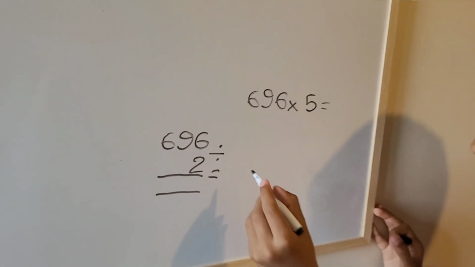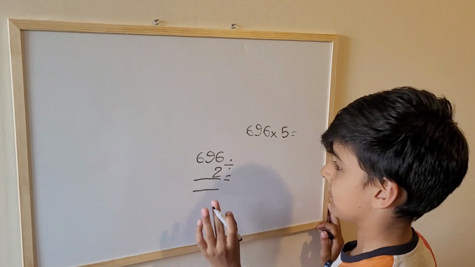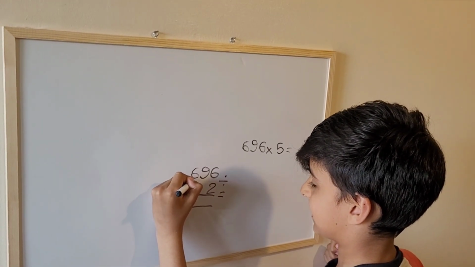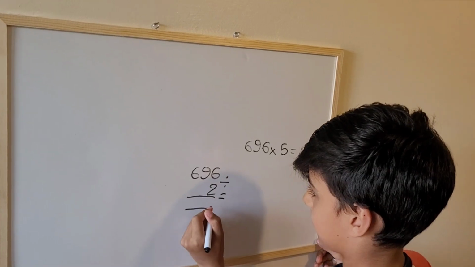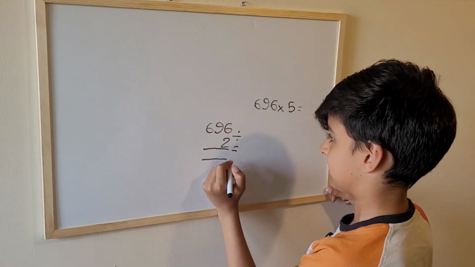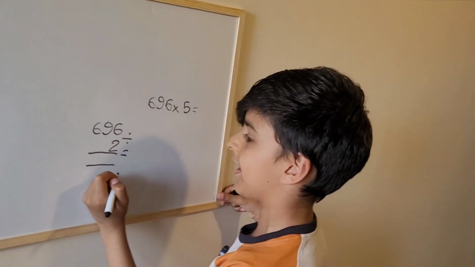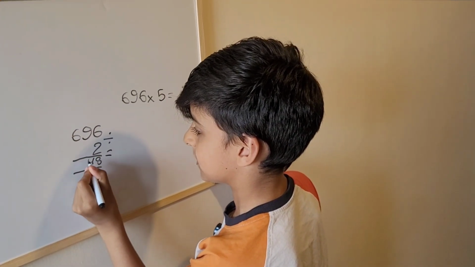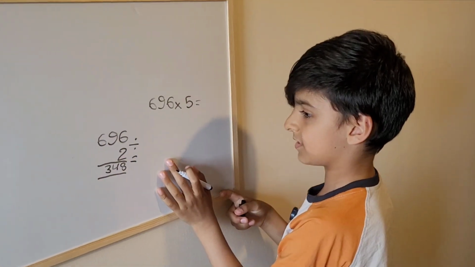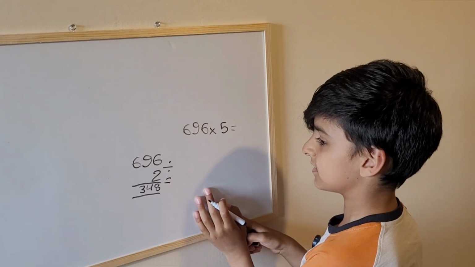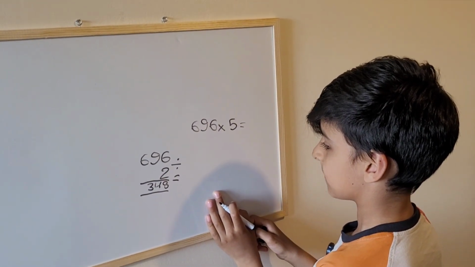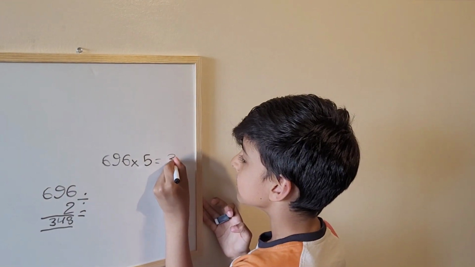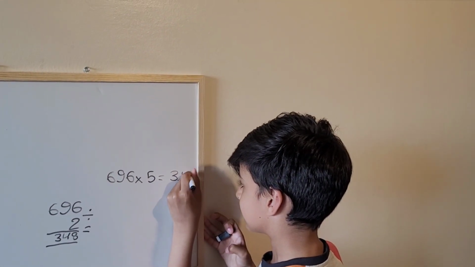I'm going to use the 96 to help me. You just have to check the number before if it's odd or even. It's even, so you can just divide it. 96 divided by 2 is 48. Now I can do 6 divided by 2, which is 3. So 696 divided by 2 is 348. 348 times 10 is 3,480.